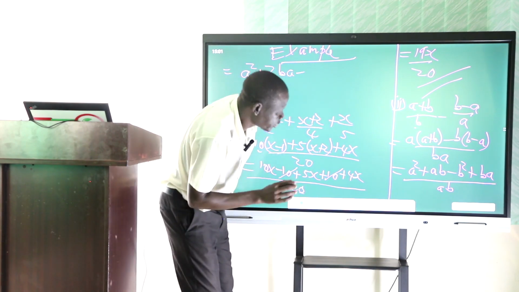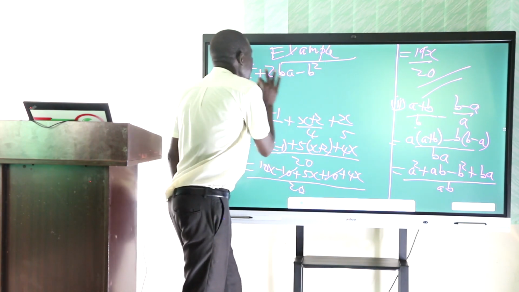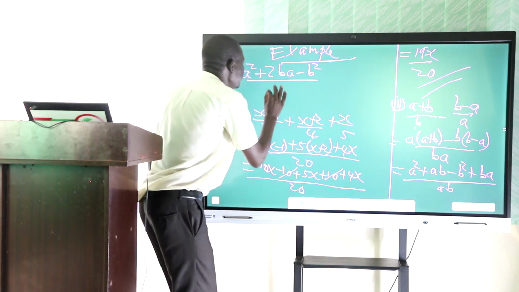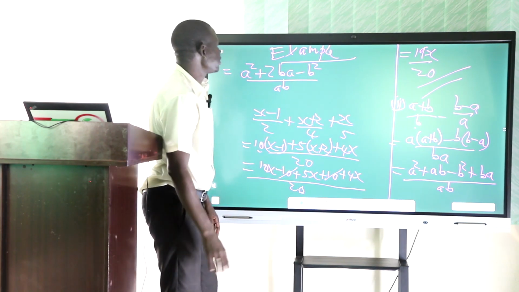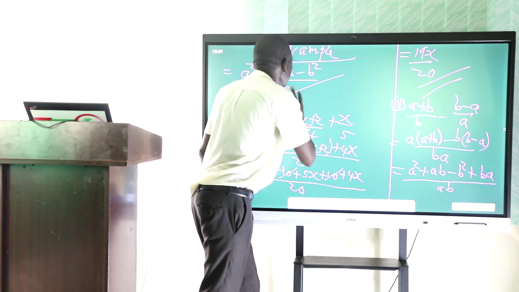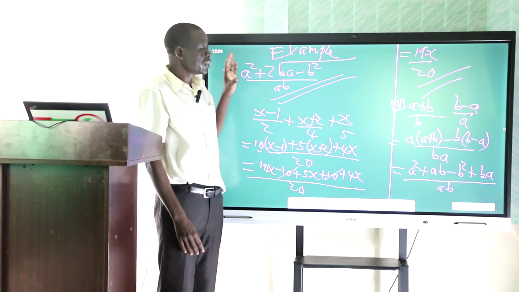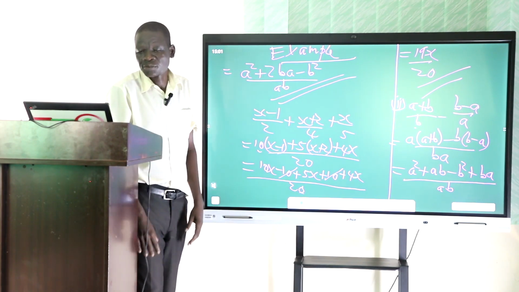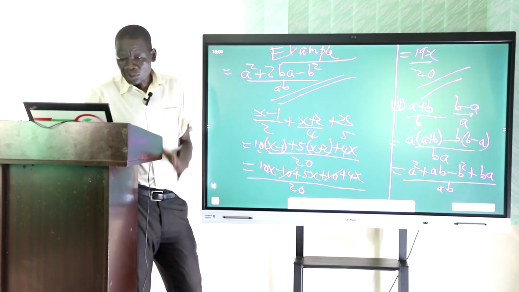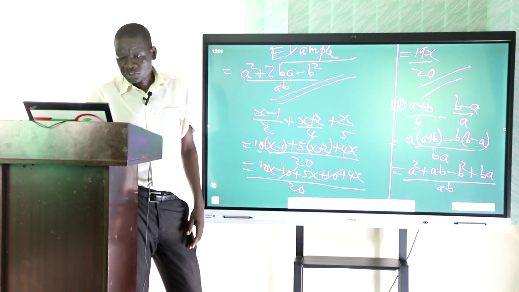Then minus b squared, everything over ab, and this becomes the answer. I have written it as a single fraction because they now share the same denominator. That is how we write it as a single fraction.